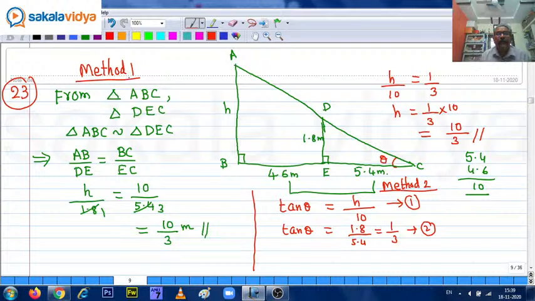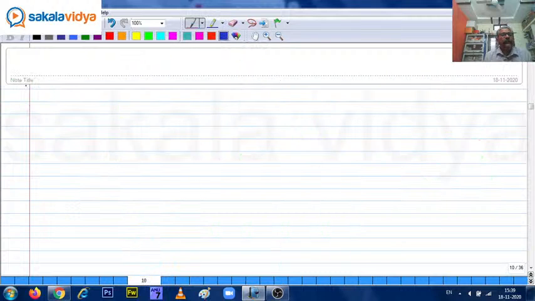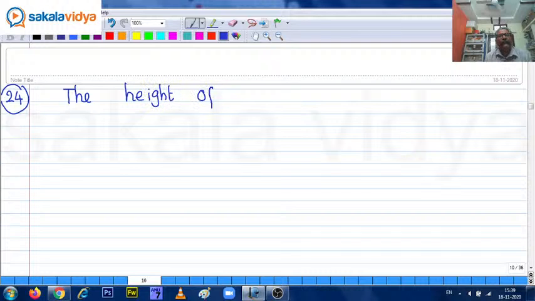Okay, let us move to the next problem. Okay, 24th problem. The height of the tower is 200 meters.